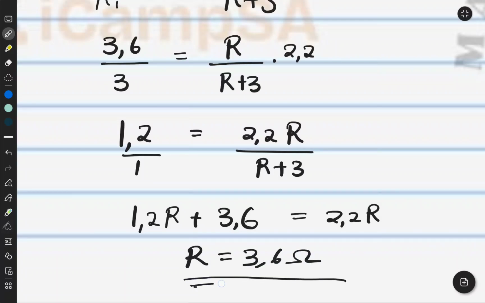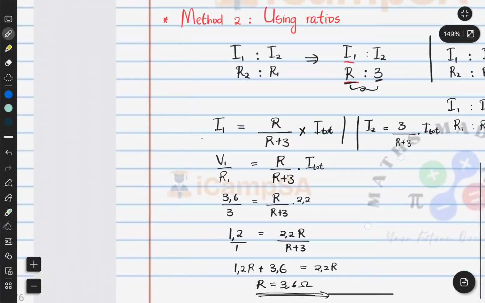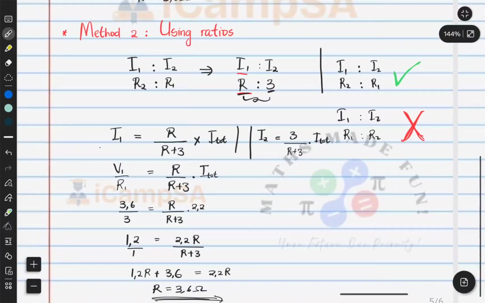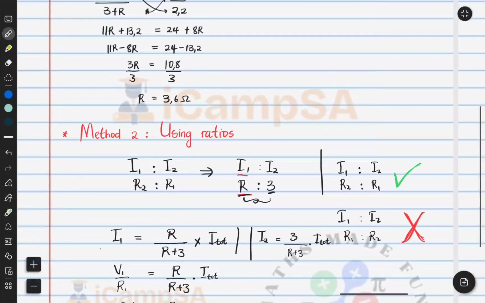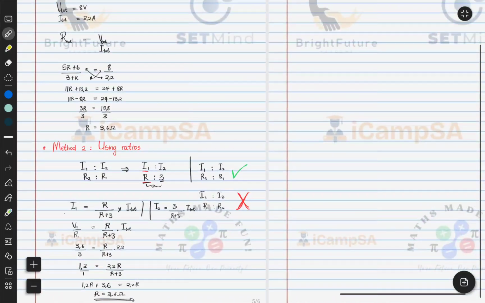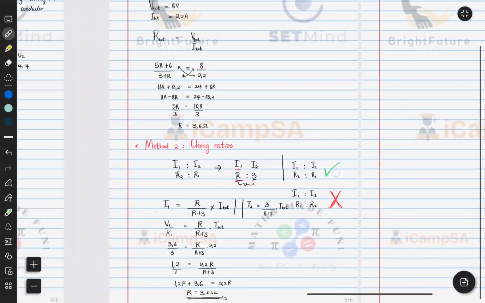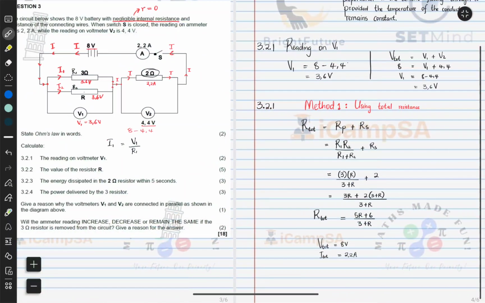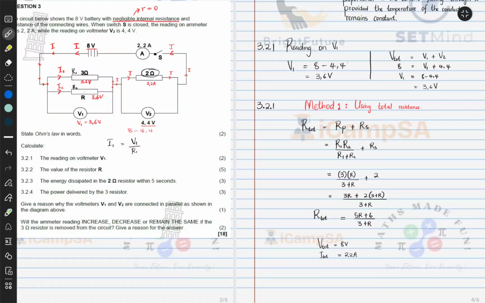This is the same answer as before, right? So yes, either you use the ratio method or you use the total resistance method, whichever way you would have thought of first, or whichever is quicker for you. It works nonetheless. All right, so let's go to 3.2.3.